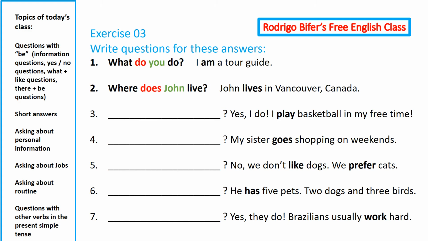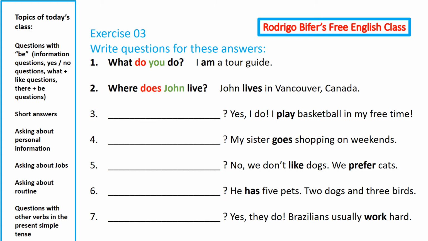Not I live in Vancouver, but he lives. John lives in Vancouver. So now we're asking about John, not about me or you anymore. It was a change that I made to make the class more interesting. John lives in Vancouver, Canada.